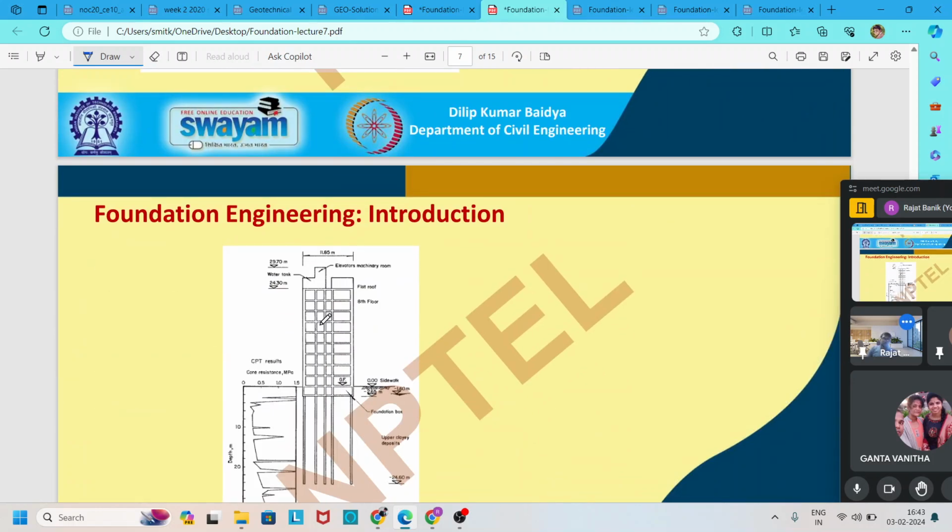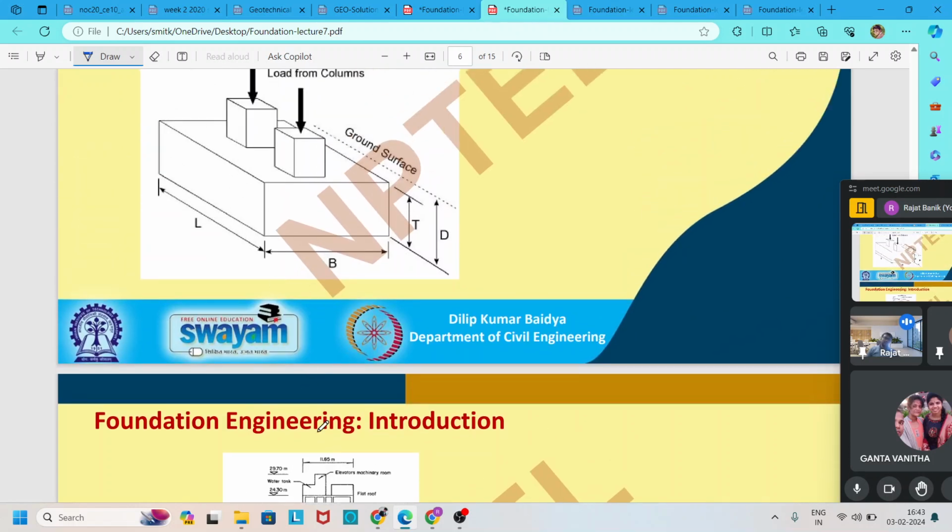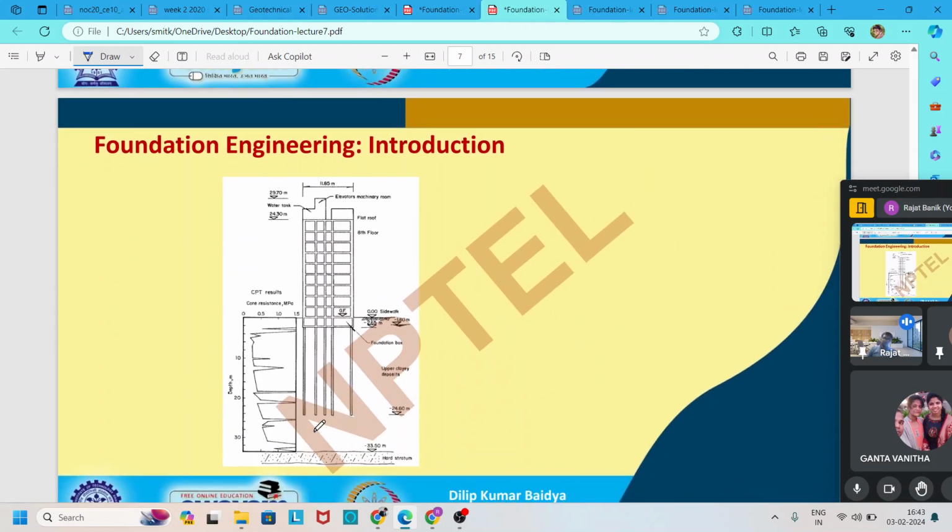Now, beyond this, there is another type of foundation called deep foundation. In deep foundation, we mostly use the pile foundation. Here a superstructure is given, almost 8 or 9 stories. For this superstructure, a huge load is coming. To address this load, we need to build a deep foundation.